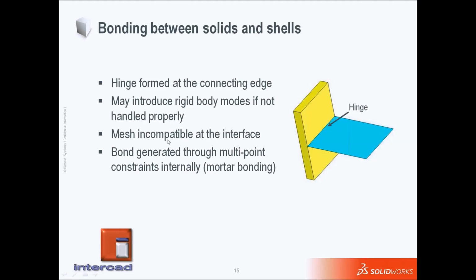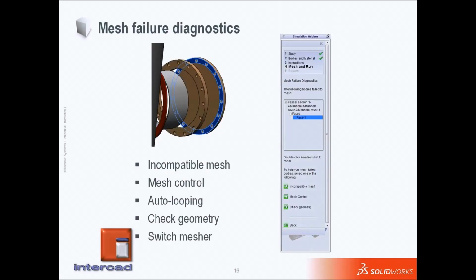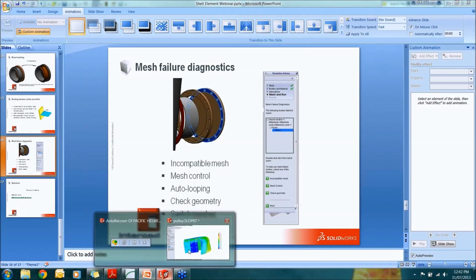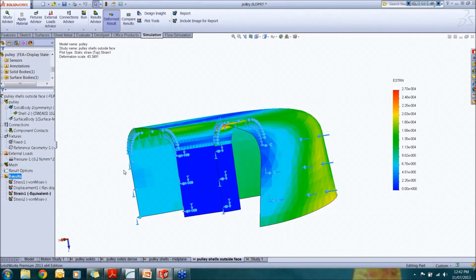If we get incompatible mesh at the surface, then we have to generate a bond contact on that intersection, where it simply attaches the mesh through the intersection. In any case, we have a mesh diagnosis tool. If we have any problem with the meshing, we simply check with that tool, and I can show you where you can check this.